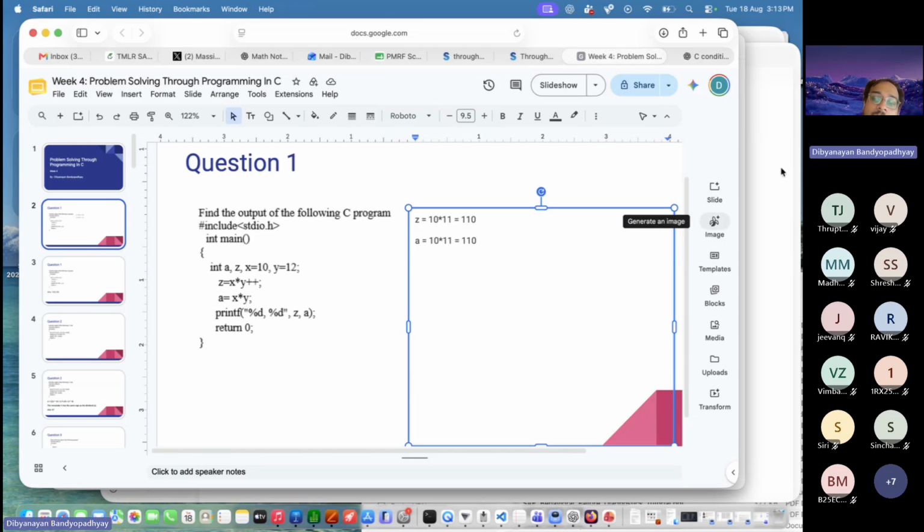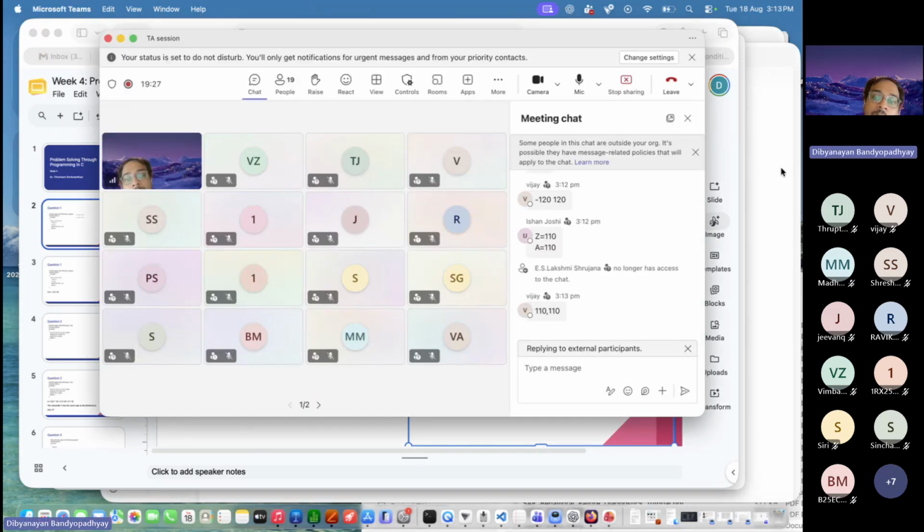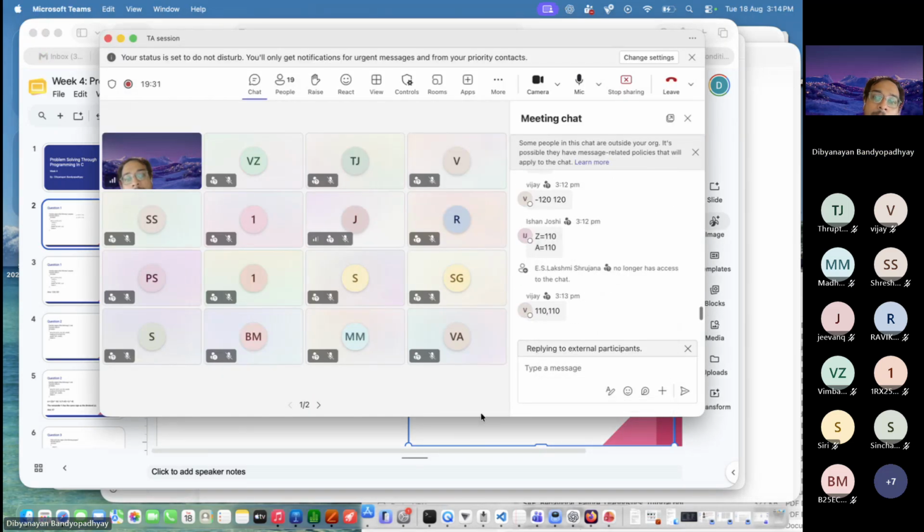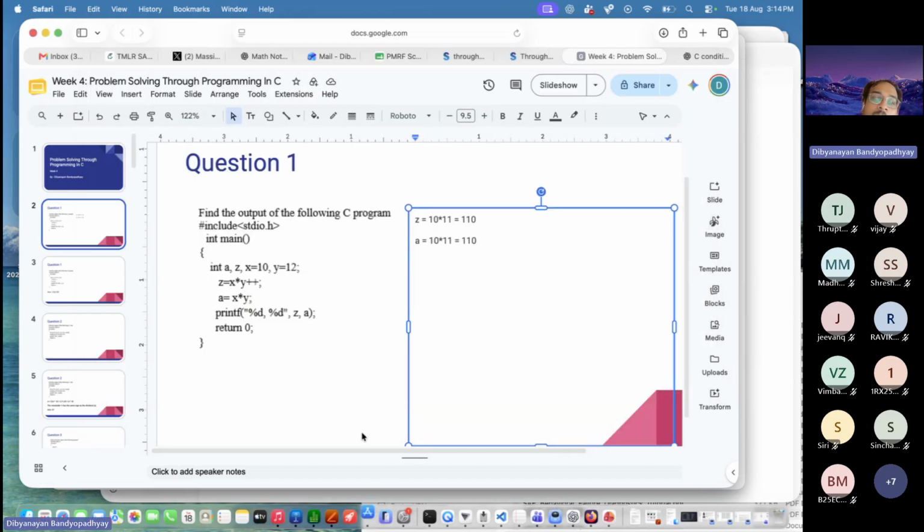Any doubt about this? Correct, correct. 110, 110. If you have any doubt, please ask it. Then I'll proceed.